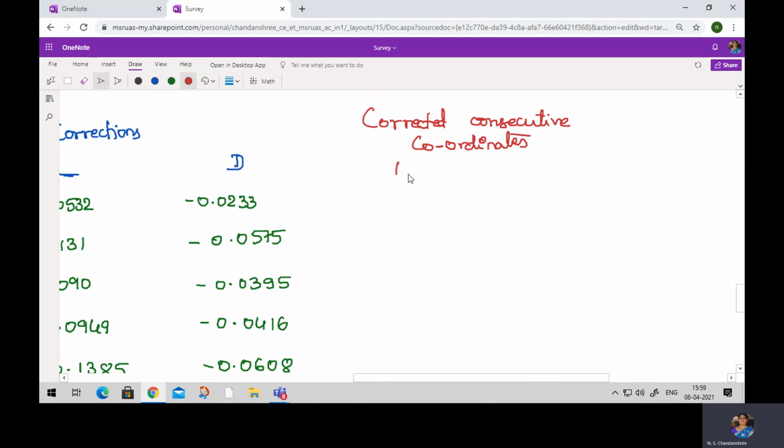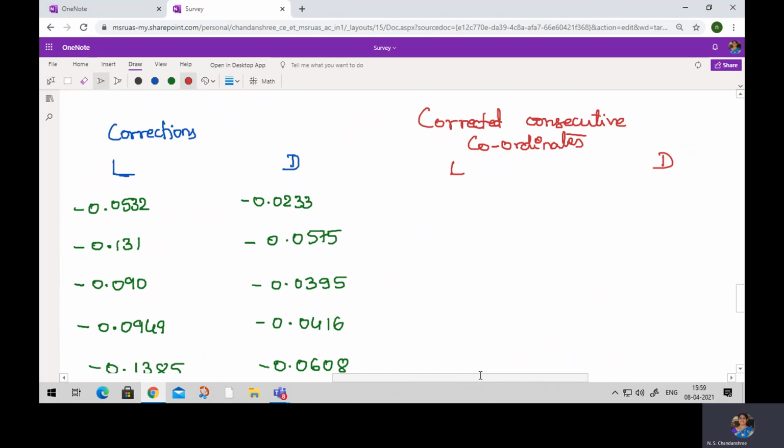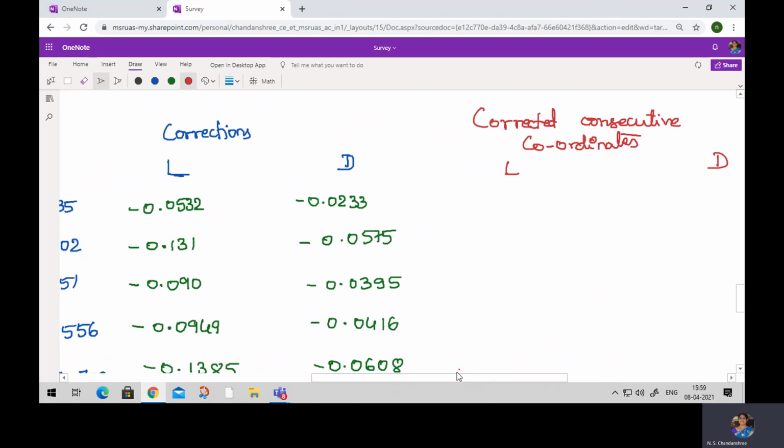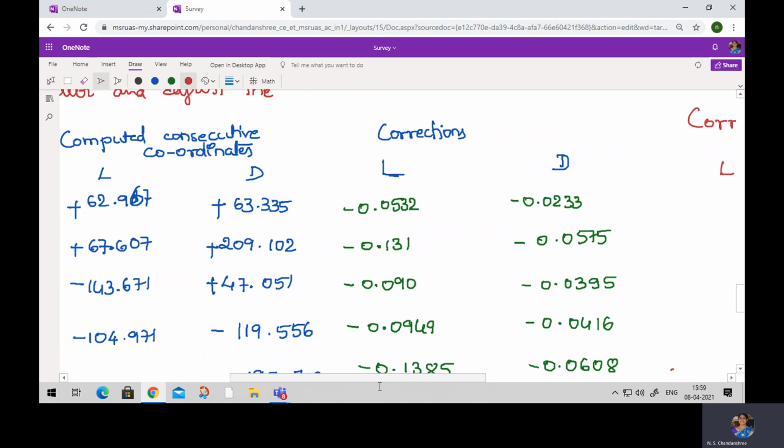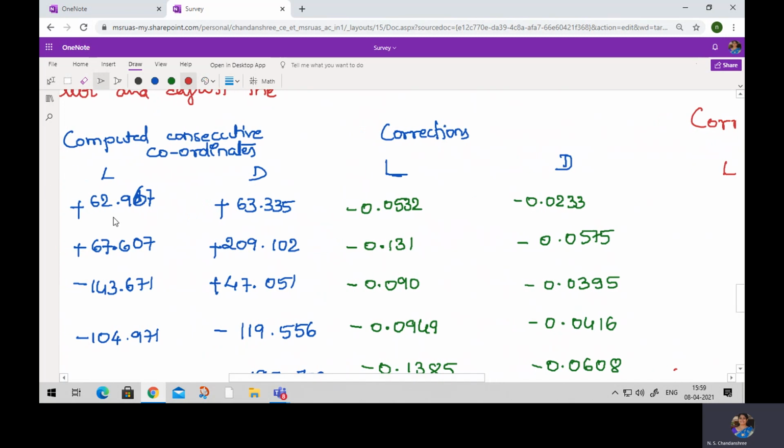So again, latitude and departure. Again I will show you one sample calculation. Now this is the computed value of the latitude and this is the correction for the latitude. So the corrected latitude for the line AB is 62.967 minus 0.0532.